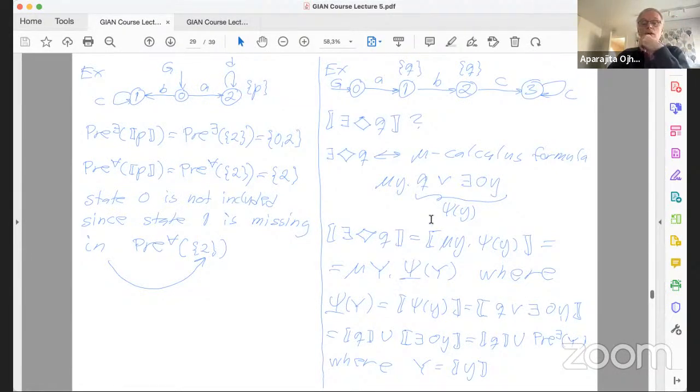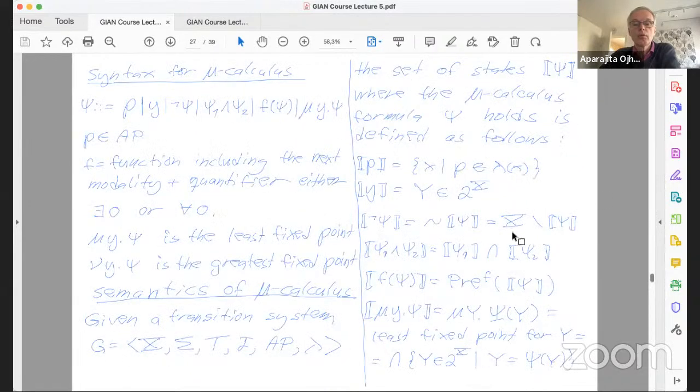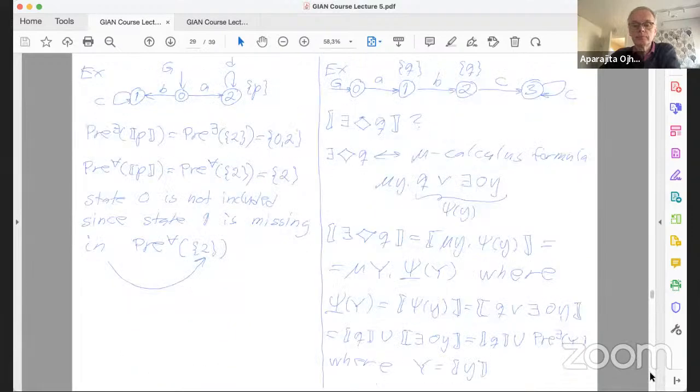And that is that this mu of y should be translated to a set formula. And then we take this expression and apply the semantic rules which we had here earlier. And then we apply first the or condition, which should be replaced by union.